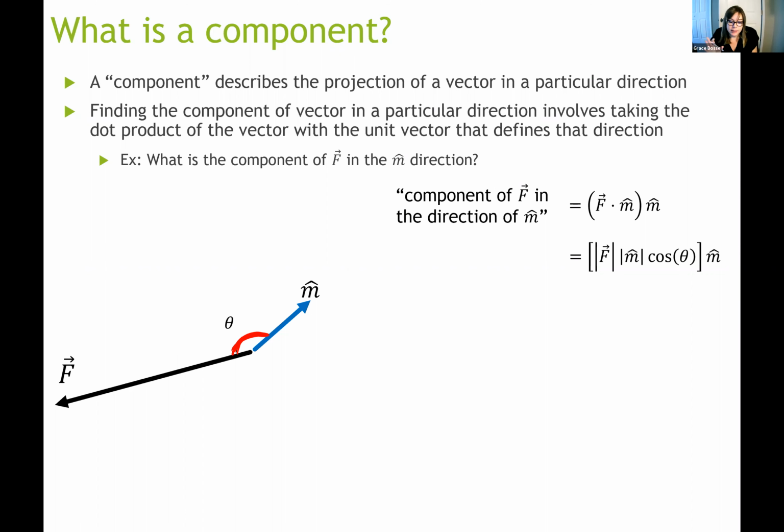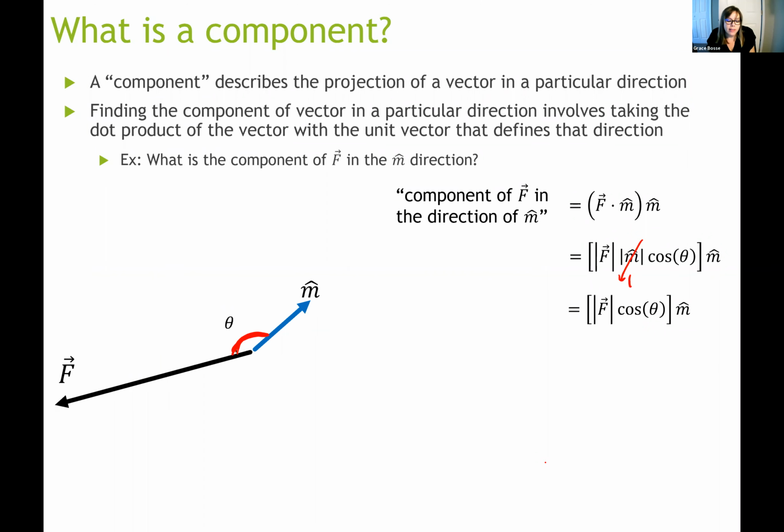So I just copy this down. Instead of writing the dot product, I fill in the definition of the dot product. One more simplification I can make is that m hat is a unit vector, so the norm of m hat is just the number 1. Unit vectors have a norm or magnitude of the number 1. I don't even have to write the norm of a unit vector; it's implied that it's the number 1.